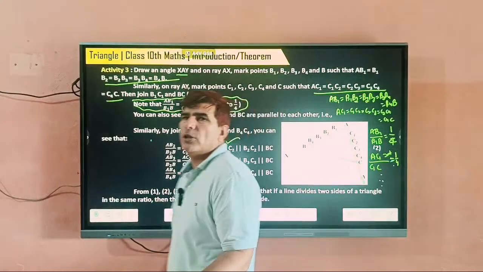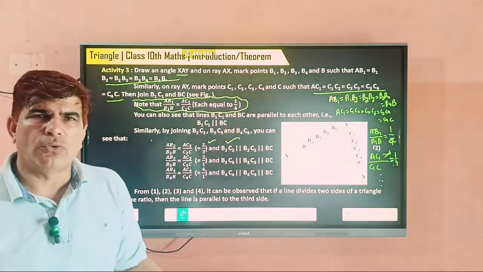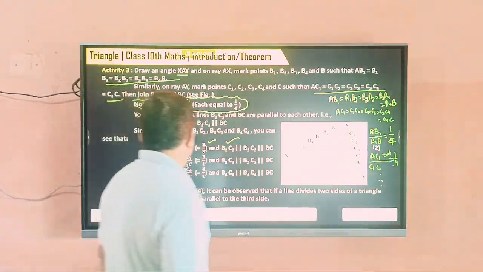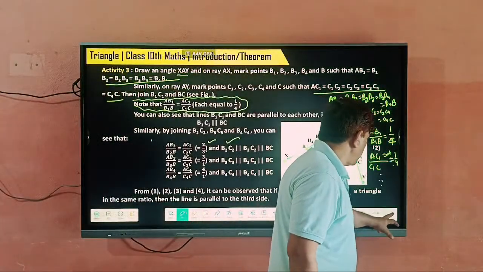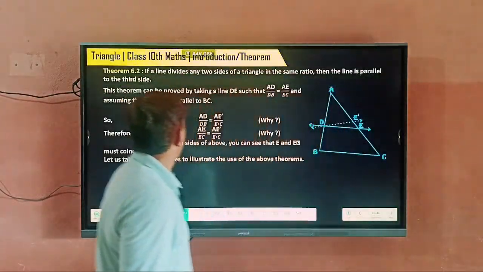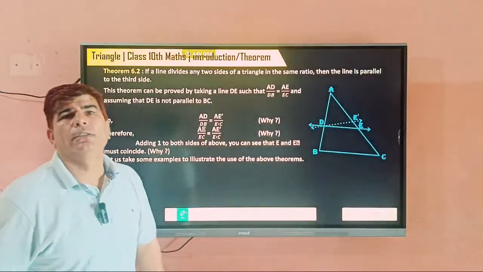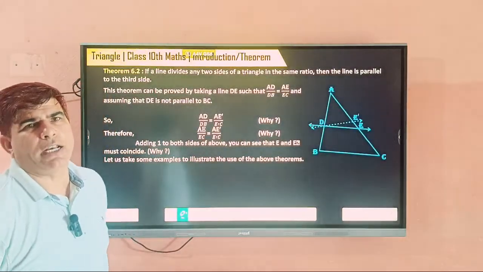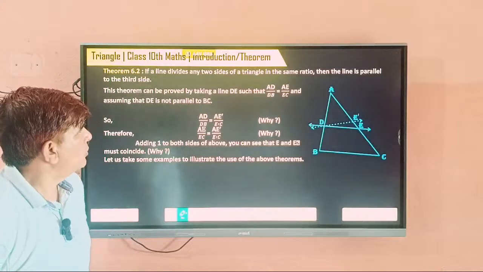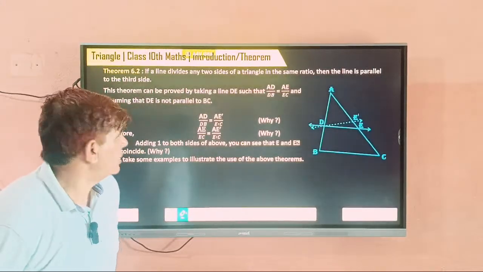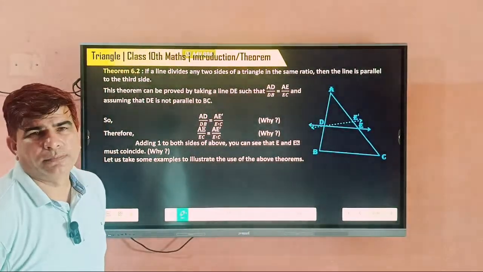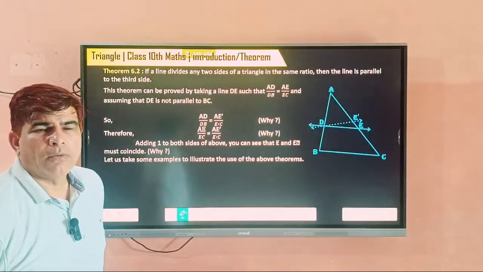So this becomes the converse of BPT. What is the converse of BPT? If a line divides any two sides of a triangle in the same ratio, then the line is parallel to the third side. What does it mean?